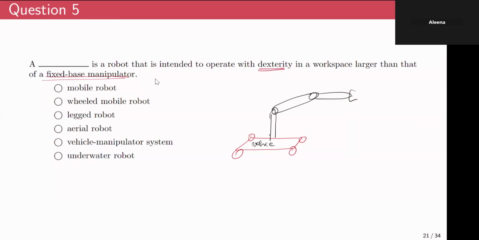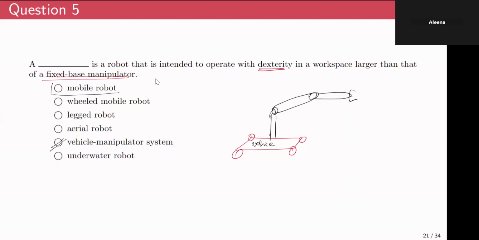So in that regard, the correct answer is vehicle manipulator system, which is a manipulator mounted on top of a vehicle. A mobile base is just a mobile base. You can probably do some surveillance task, observe the surroundings, but a vehicle on its own is not capable of performing any task. You have to attach a manipulator on top of it.